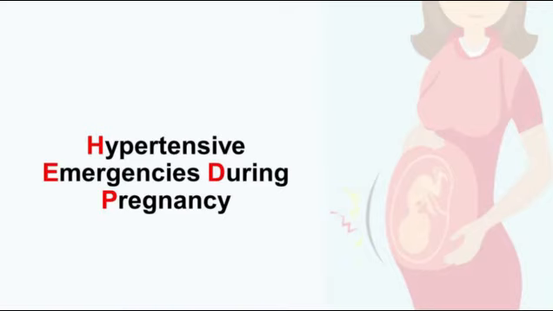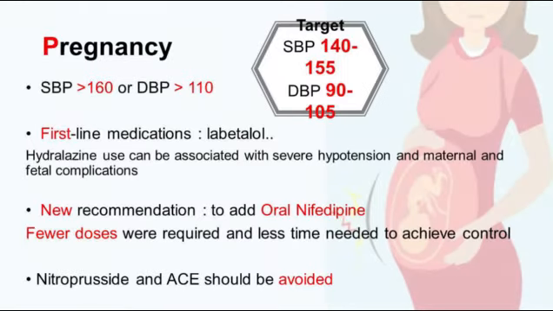The last one is hypertensive emergencies during pregnancy. Usually they present with systolic of more than 160 and diastolic more than 110. We agree on the target of systolic 140 to 155 and diastolic 90 to 105. The first line medication for those patients is labetalol.